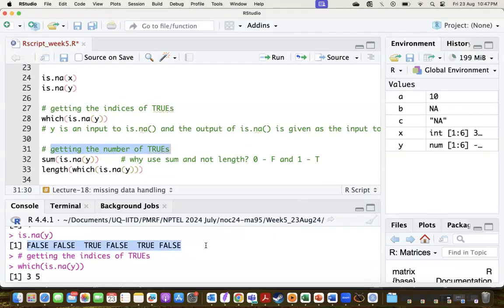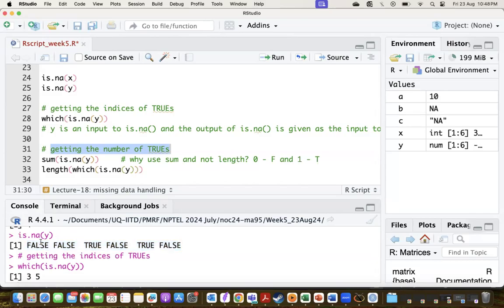Now, if you remember, we briefly discussed in the last class the AND and the OR, those relational operators. Very often, if you're aware of binary language, TRUE is often called 1 and FALSE is often called 0.